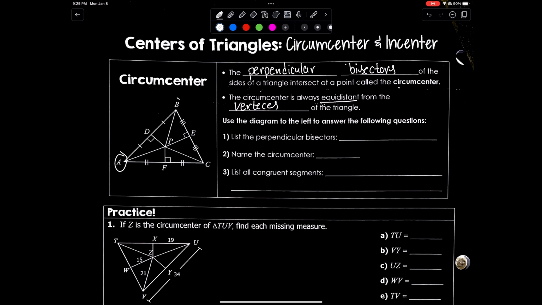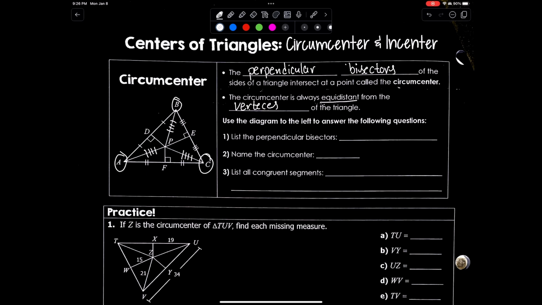That would be A, B, and C. So this distance right here, PB, is the same distance as A to P and P to C. Those are all the same length. So if we were to mark these 1, 2, 3, 4, we'd have to use 1, 2, 3, 4 and 1, 2, 3, 4. Okay, those are the things that are congruent. The distance from the circumcenter to the vertices.